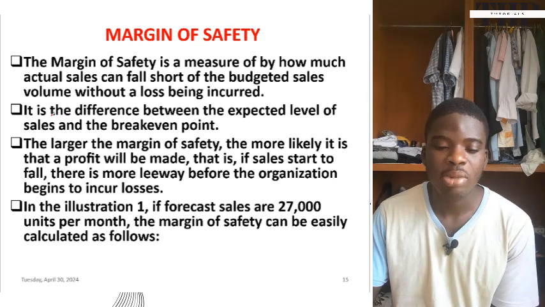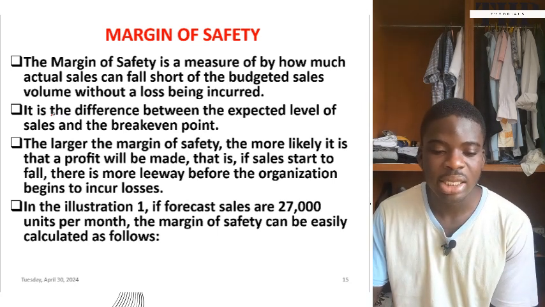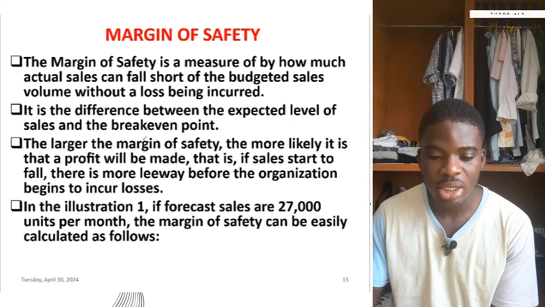Now, the larger the margin of safety, the more likely it is that a profit will be made, that is, if sales start to fall. There is more leeway before the organization begins to incur loss, right?